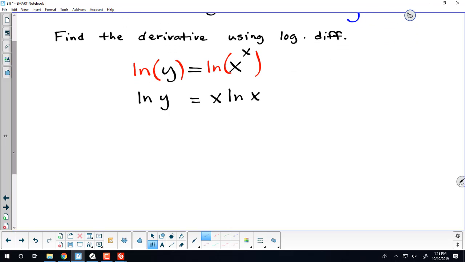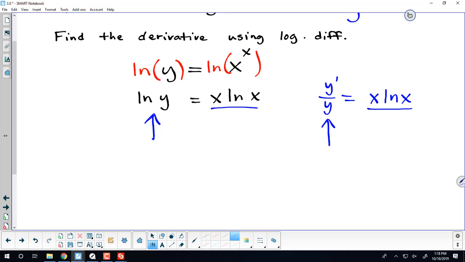Some of you were saying y prime over y was equal to x ln x. And that's not an appropriate way to write that, because if you write it this way, what you've done is you've taken the derivative of this side here, but you haven't taken the derivative of this side here. So you're breaking that equality because you did something to one side that you didn't do to the other side. Does that make sense?